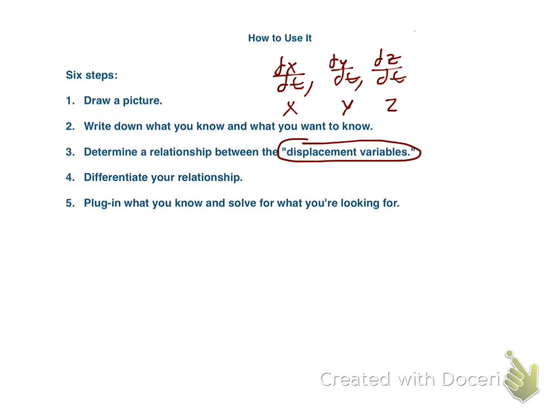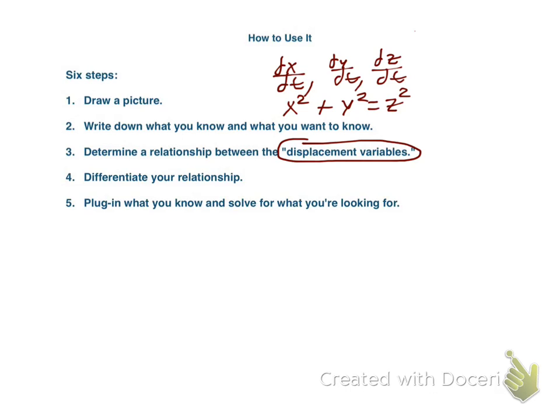We're going to have to find a relationship between those displacement variables, and if it's related to triangles, then maybe that relationship would be the Pythagorean theorem.